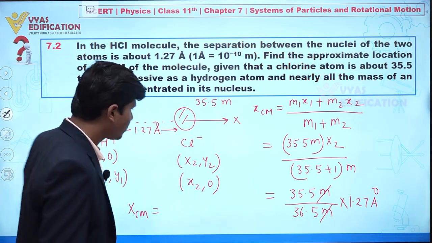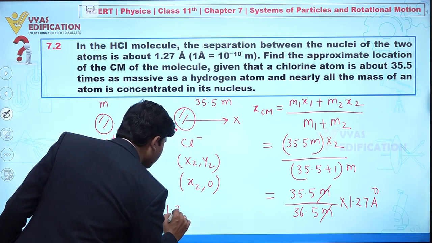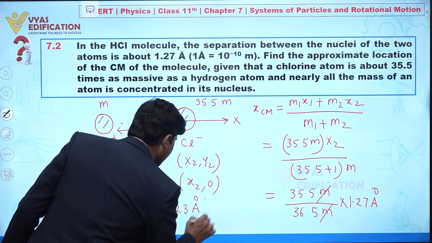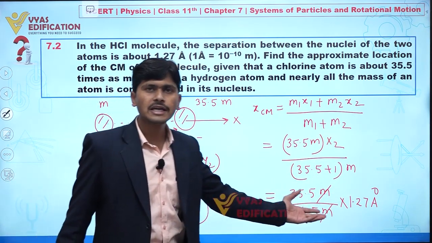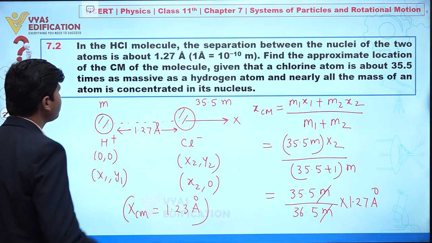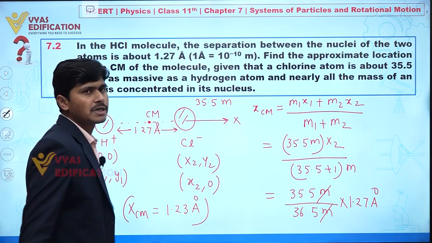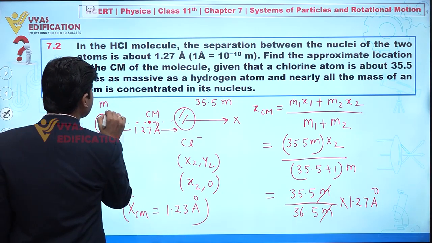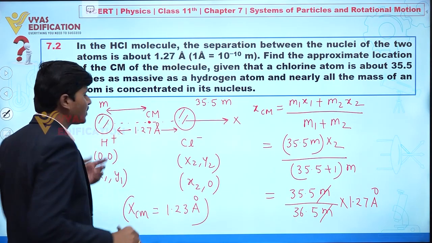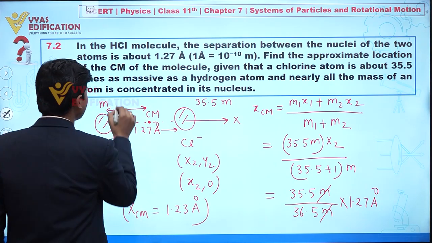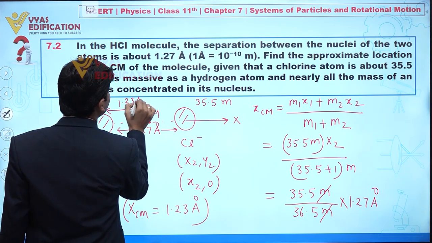If you calculate, you will find this is equal to 1.23 angstrom. It means the position of the center of mass from this hydrogen atom is 1.23 angstrom.